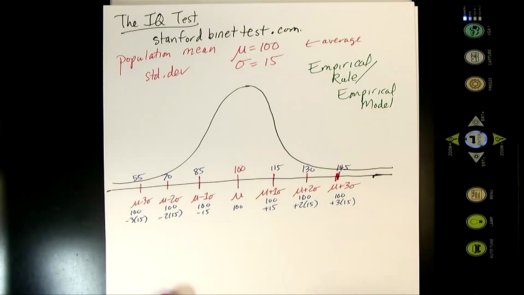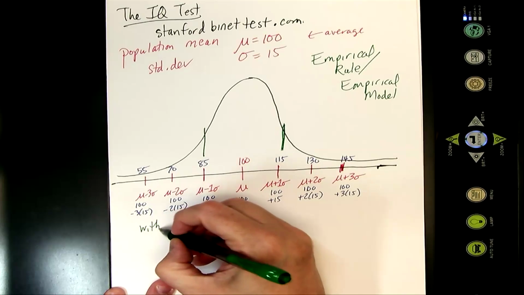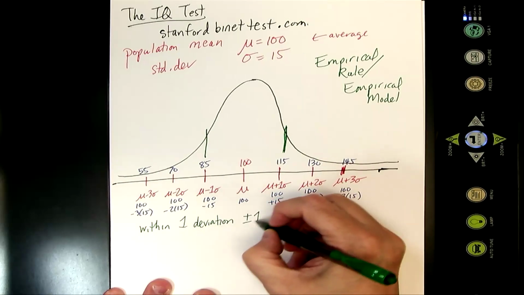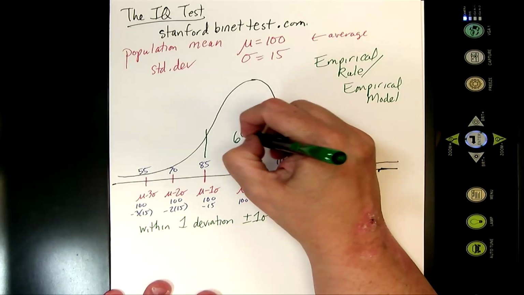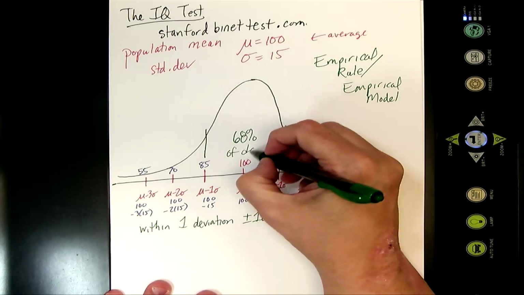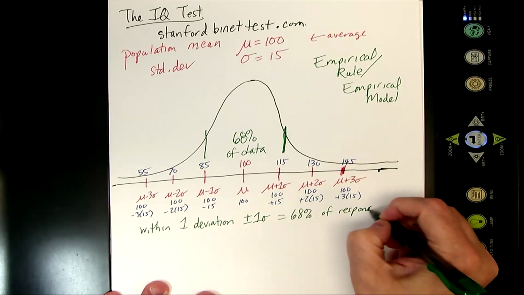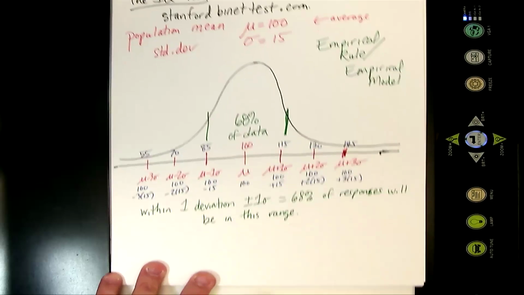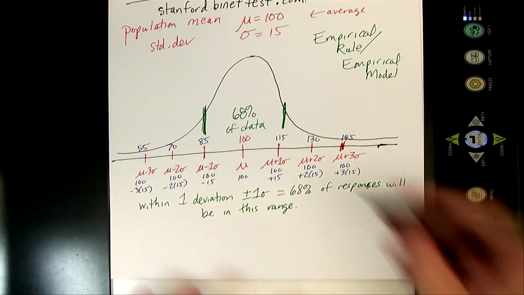So it turns out, if we go between these 2 right here, within 1 deviation plus or minus, this is 68% of the data. 68% of responses will be in this range.